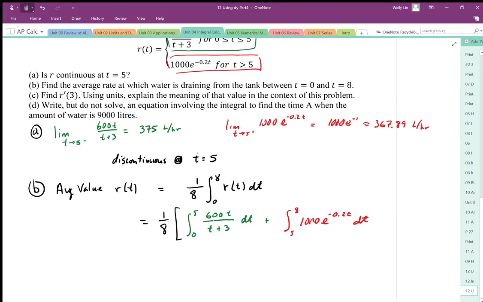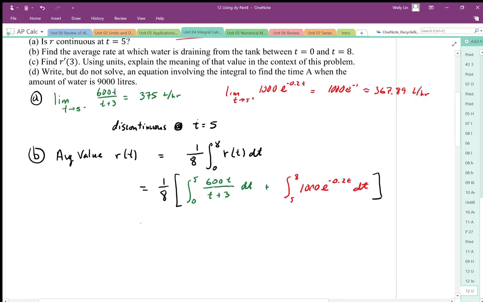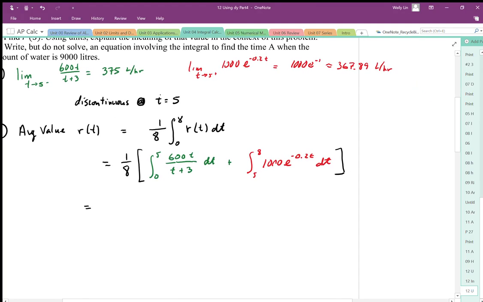We cannot integrate the first one without a calculator, but we're going to do these both with a calculator anyway. So we need to know what these graphs look like. When I graph this function from 0 to 5, it's going to look like this.